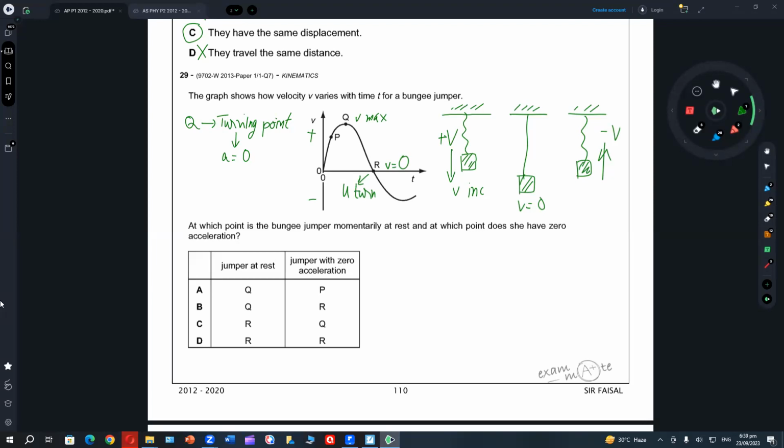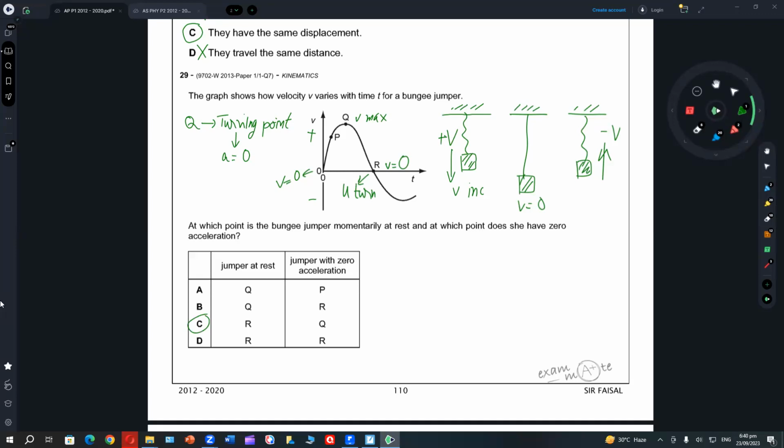Sir, at rest is going to be R, and with zero acceleration is going to be Q. So C. C, rest at R and zero acceleration at Q. Very good judgment, C.